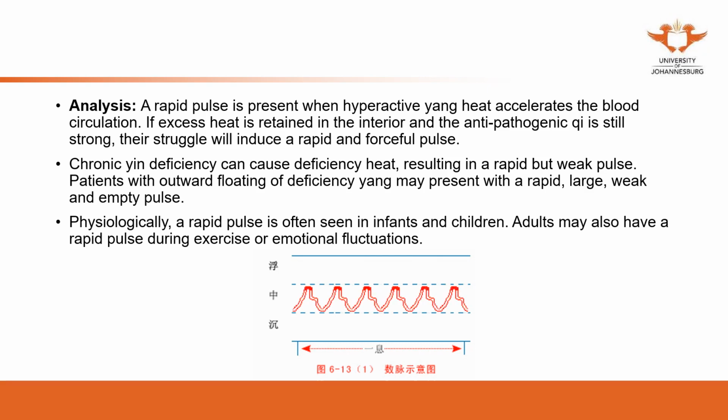So the rapid pulse is the yang or the heat. The heat can be excessive heat or deficiency heat due to yin deficiency. What's the reason for deficiency heat? That's the root cause is yin deficiency.